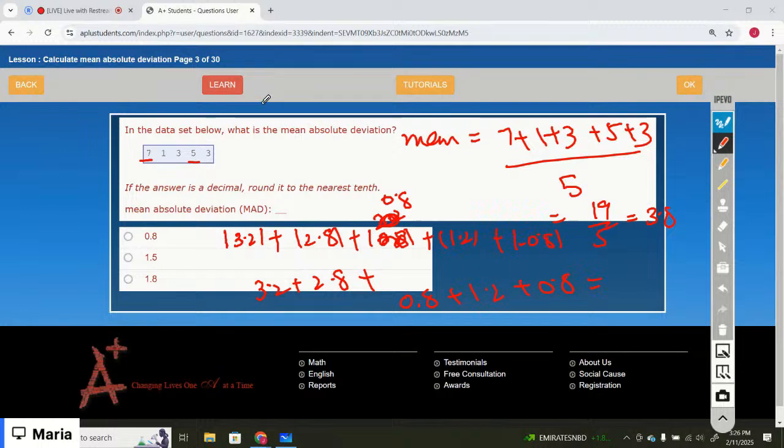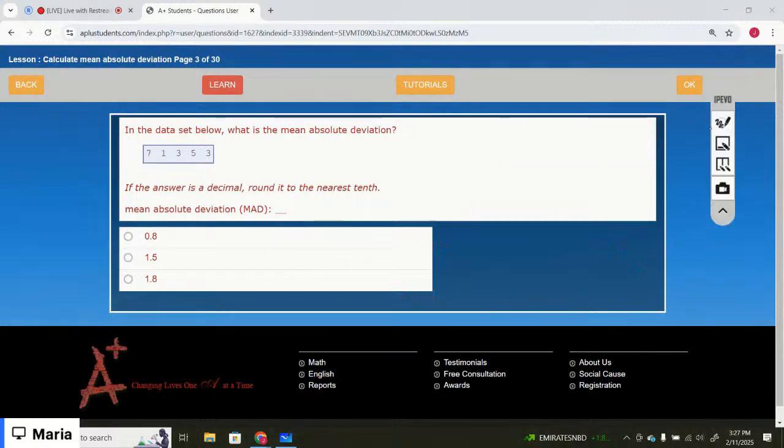So the sum of all the values is 8.8. Divide by 5. 8.8 divided by 5 is 1.76, and that would be rounded off to 1.8. Option number 3 is the correct option, that is 1.8.